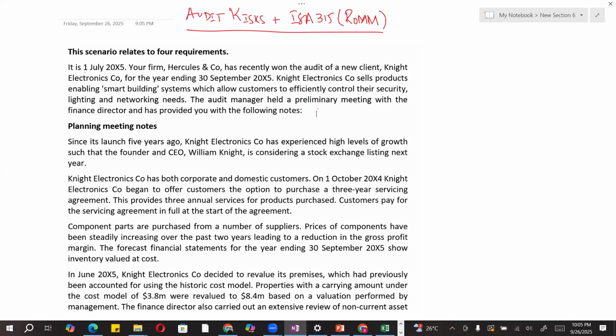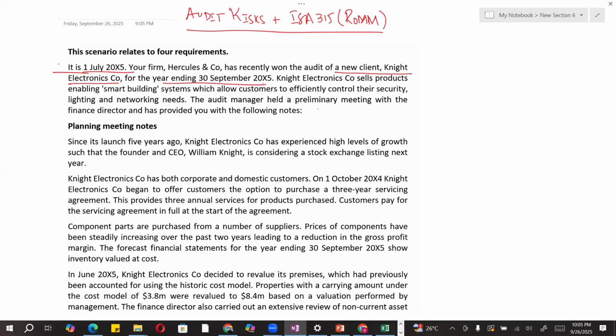So it is 1st July 2x5. Now, this is the date today, right? Your firm, Hercules and Co., has recently won the audit of a new client, Knight Electronics Co., for the year ending 30th September 2x5. Now, there's a difference between year ended and year ending.